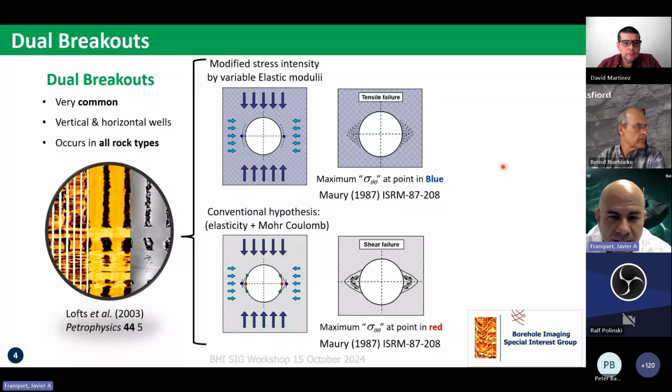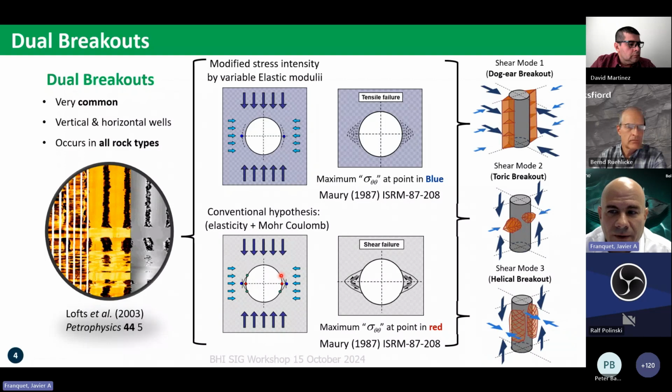With basic elasticity and Mohr-Coulomb failure criteria, it is better understood as shear happening in the direction of the minimum horizontal stress. So you have a depth of the breakout, and the shear is created in this area, and the width of the breakout is the distance between the two green points.